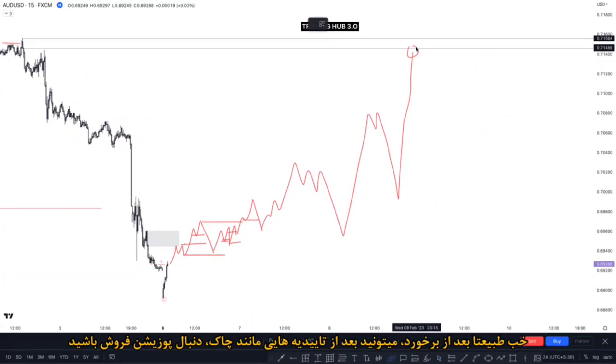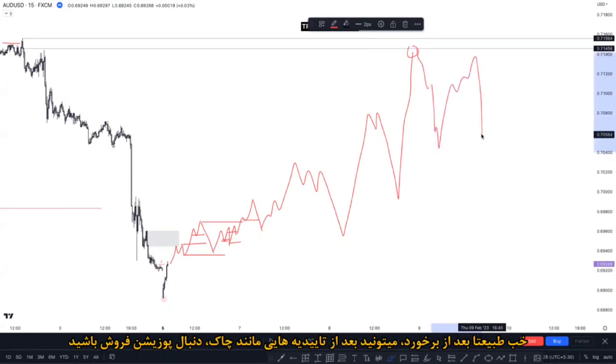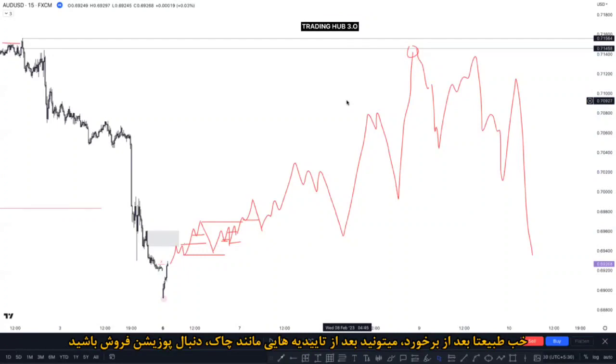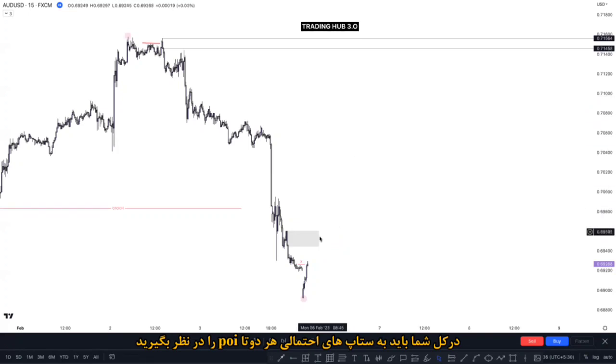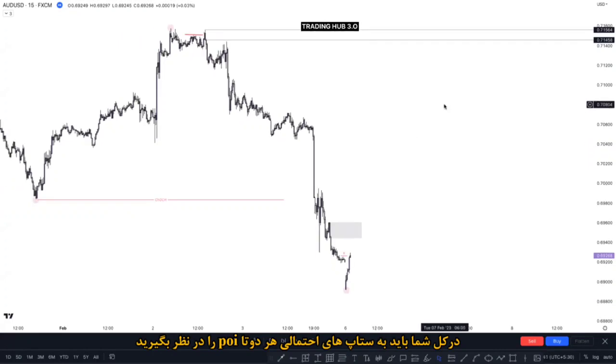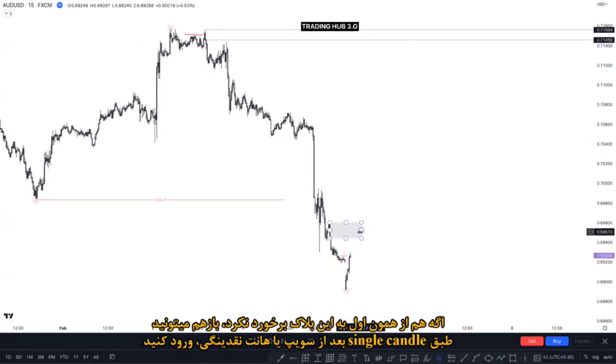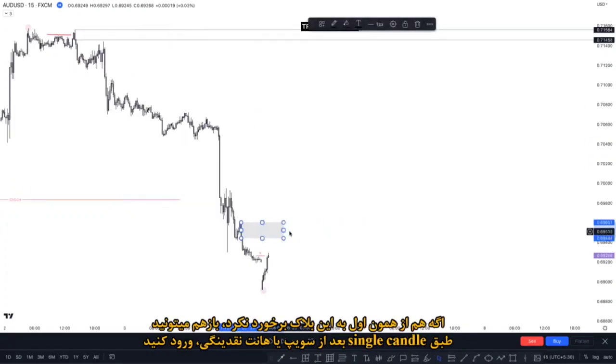So once the market mitigates this one, you are probably looking for a sell after a CHoCH, right? So this is our next possible scenario. You have to prepare for both sides of probability. What happens if price taps on the first POI? What happens if price taps on the extreme POI, right? And what will happen if price does not respect this one?